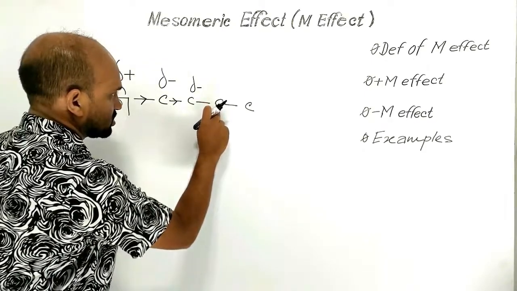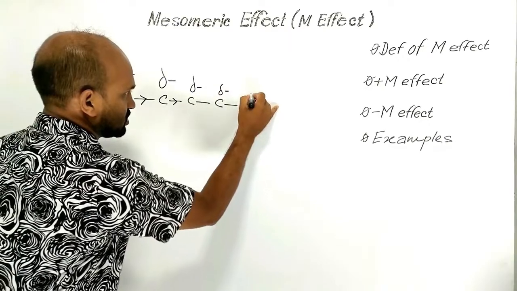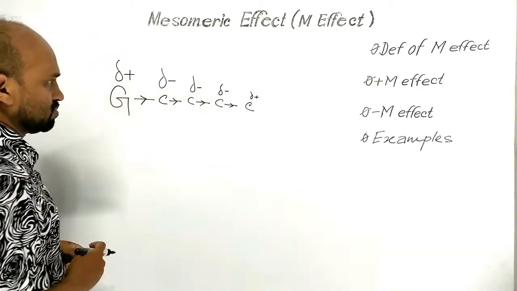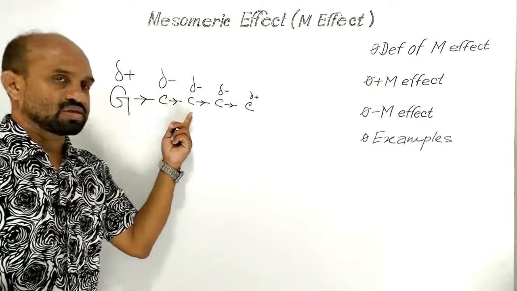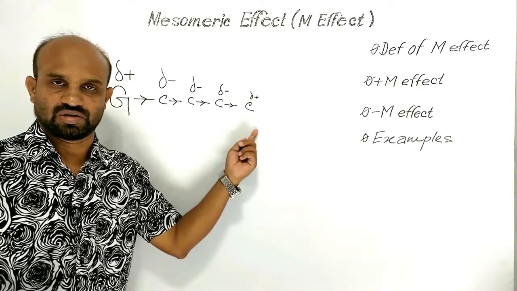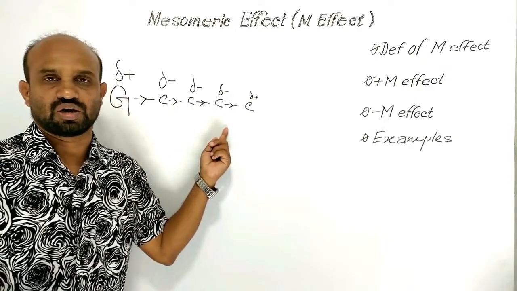Similarly, this carbon gets partially negatively charged and this carbon gets partially negatively charged as well. But the degree of negative charge decreases gradually, but all the sigma bonds are involved here.